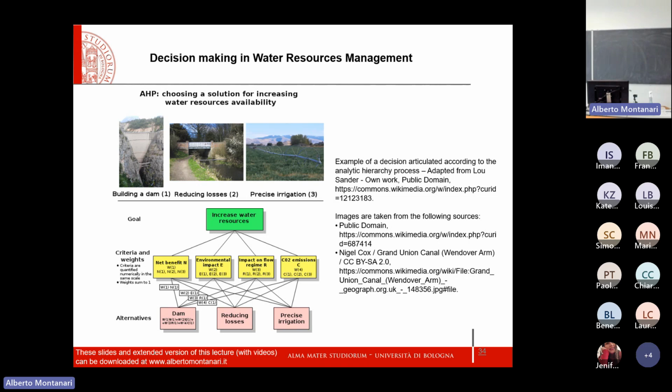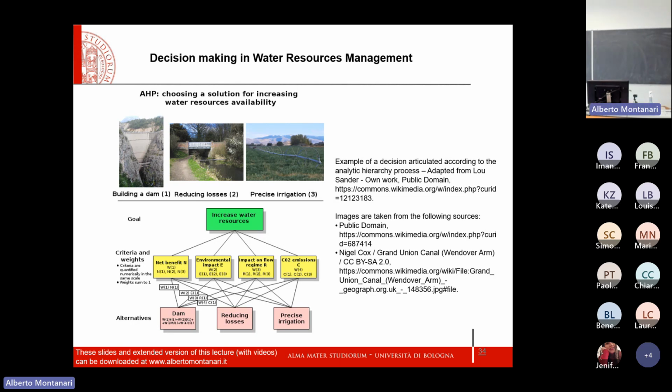Weight 2, the weight for the environmental impact, times the environmental impact of the dam gives the score contribution for the solution dam according to the second criteria, environmental impact. And then W3, weight 3, for R1.